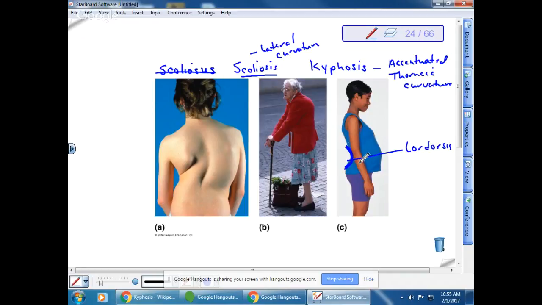This can sometimes cause problems with the lower back, and specifically it can cause problems with disc herniations. So it's important to try to get people out of that lordotic posture and more into an upright, butt-tucking kind of posture. Okay, so that's lordosis. Any questions about that?